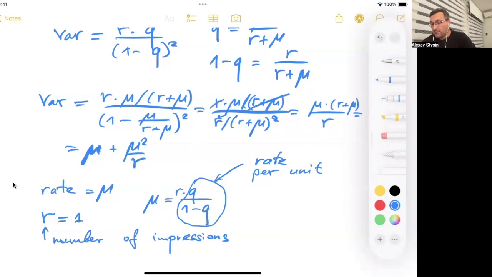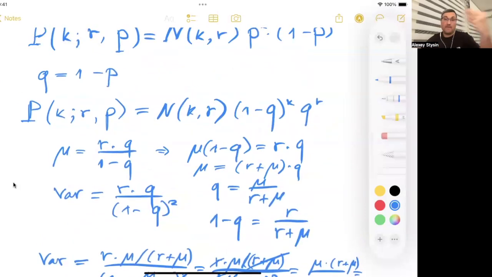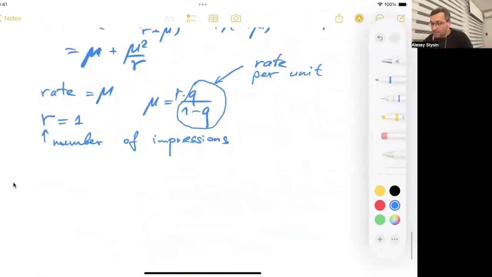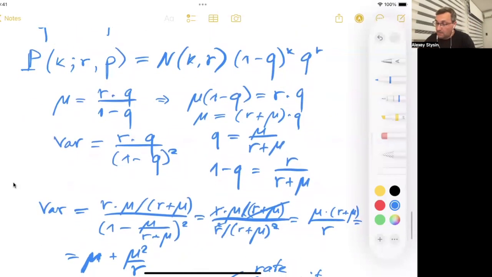We want to set the number of impressions to R, and then we want to model the number of successes per impression, number of clicks per impression, as Q over 1 minus Q. And remember that Q is 1 minus the probability of success in the original negative binomial regression. So this is like making everything backwards for negative binomial regression. But when we do this, we end up with a likelihood.